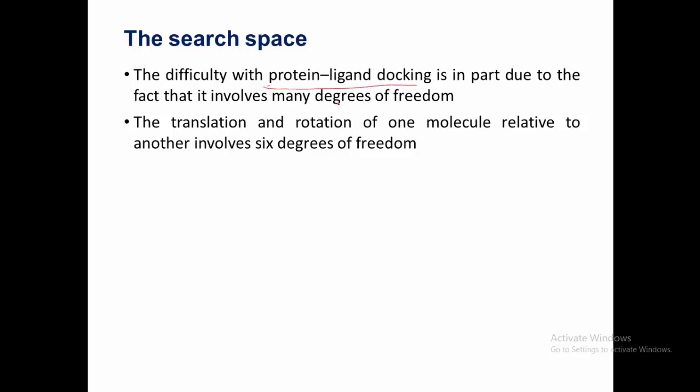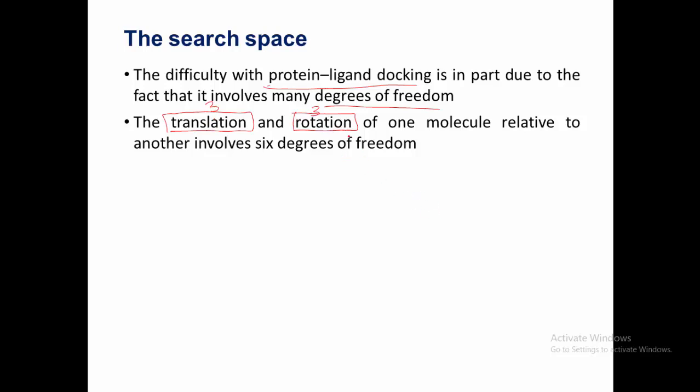Please focus on this: translation and rotation of one molecule relative to another involve 6 degrees of freedom. That means 3 degrees in the translation and 3 degrees in the rotation.